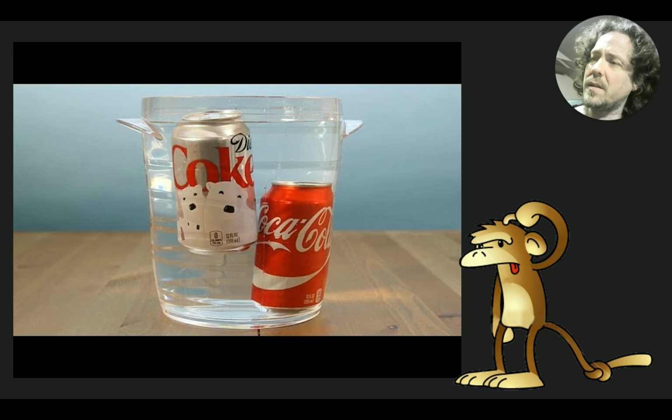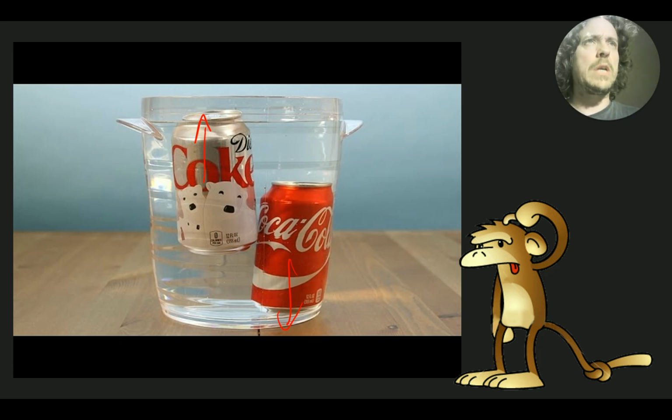And why is that? Well, one is denser than the other. Can you think which one is denser? The one that sinks to the bottom. So this is denser than the Diet Coke. And what that means is that the sugary liquid, the sugary Coke then, if you like, is heavier than water, or if you like, denser than the water around it.